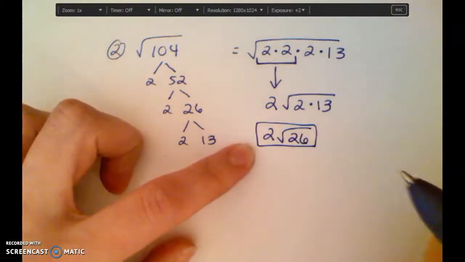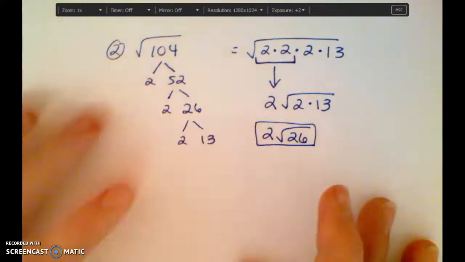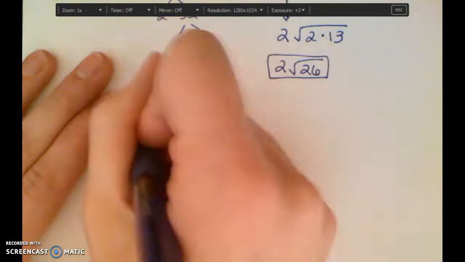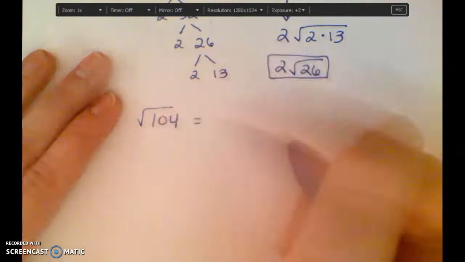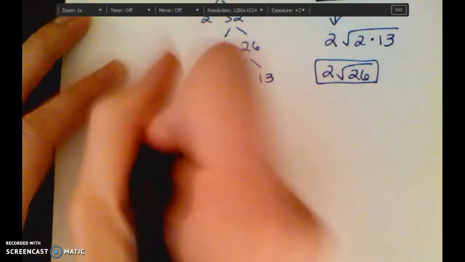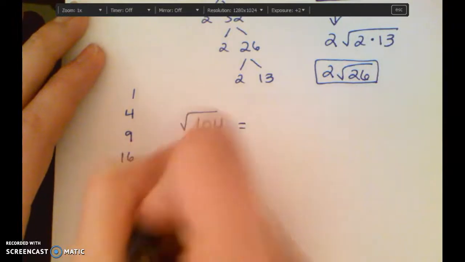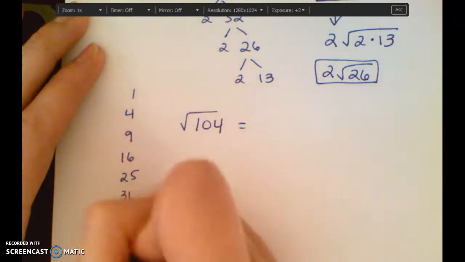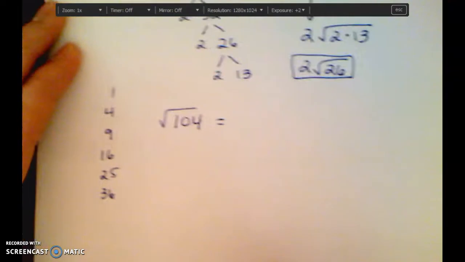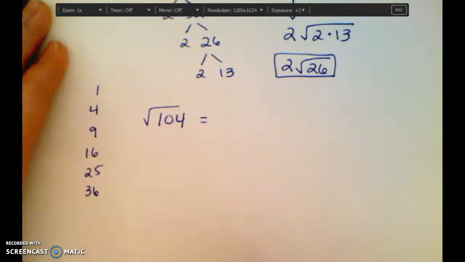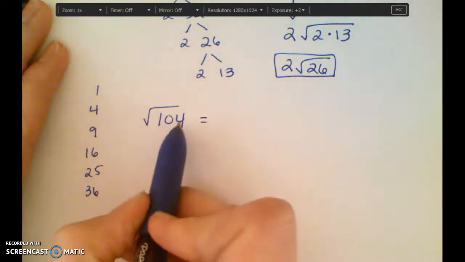So 2 root 26. Well, if you want to use method 1, then we have the square root of 104. Again, we need our perfect squares, so we know we have 1, 4, 9, 16, 25, 36, etc. And we need to figure out what's the biggest perfect square that we can divide into 104.